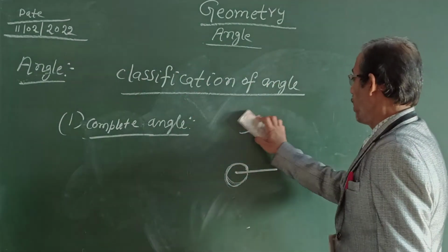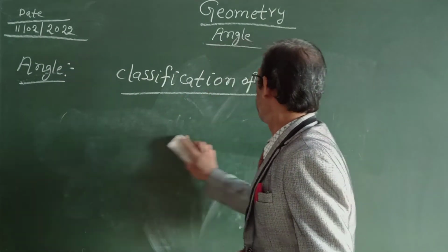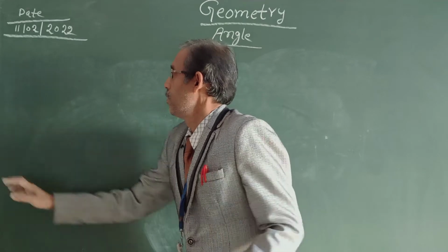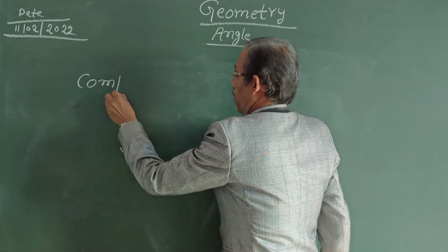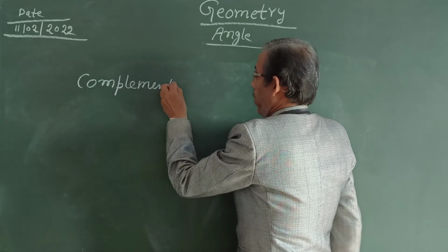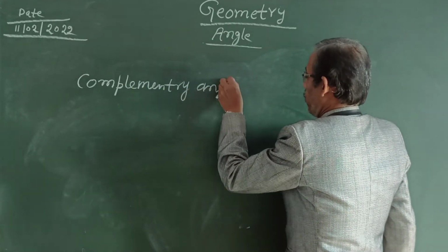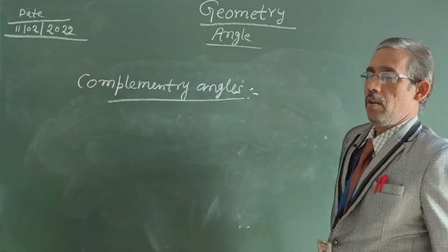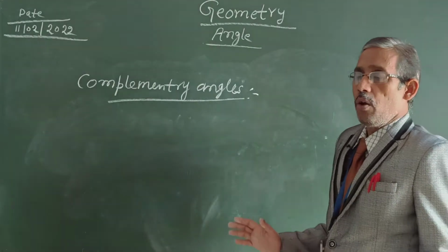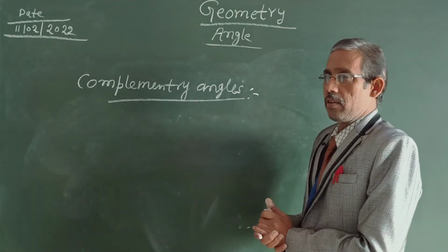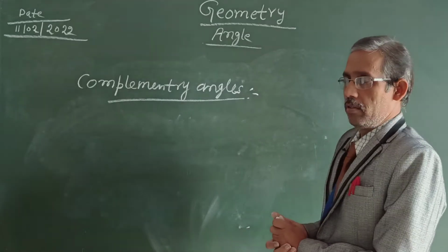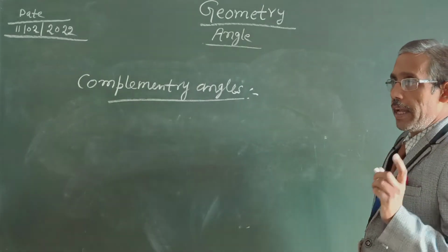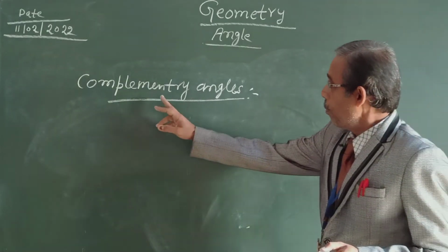Now, some other parts related to angle. Complementary angles. When the sum of two angles is 90 degrees, then the two angles are called complementary angles.